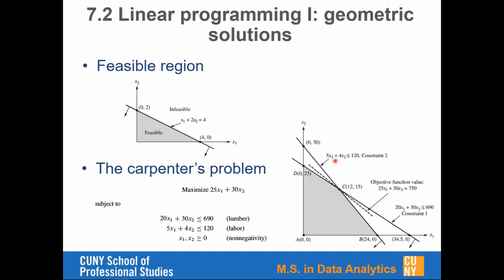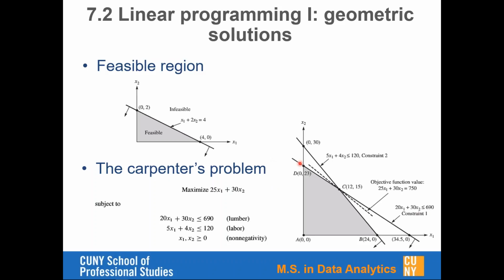If we have a constraint that says less than or equal to 120, essentially we're saying that it can only go in this direction of that line. For the other constraint, which is constraint 1 in this graph and formulation, it should be 20x1 plus 30x2 less than or equal to 690.